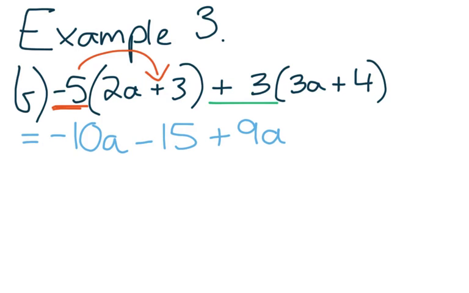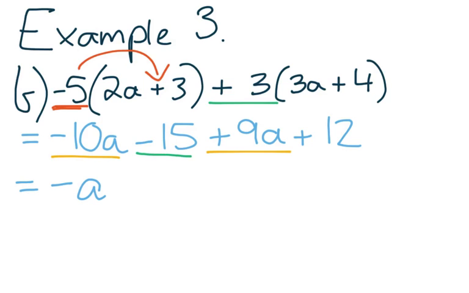And then positive 3 times positive 4 is positive 12. And again, we look for our like terms. So we've got negative 10a plus 9a is negative 1a, or just negative a. And then we have negative 15 plus 12, which is negative 3. So our answer would be negative a take away 3.